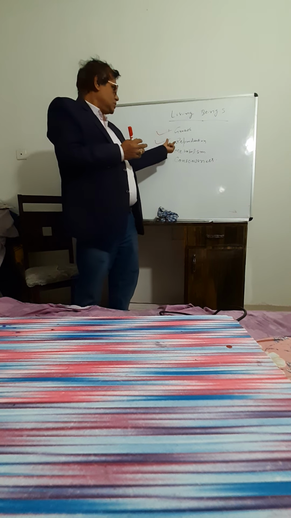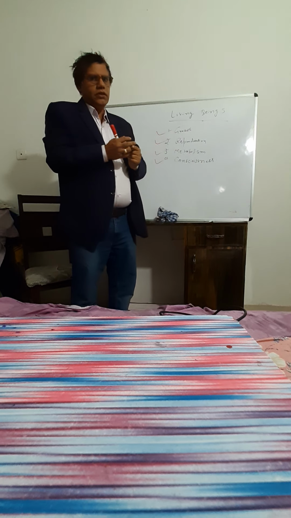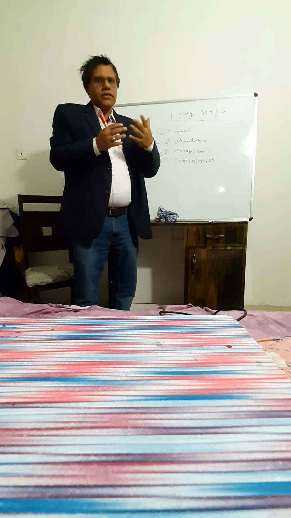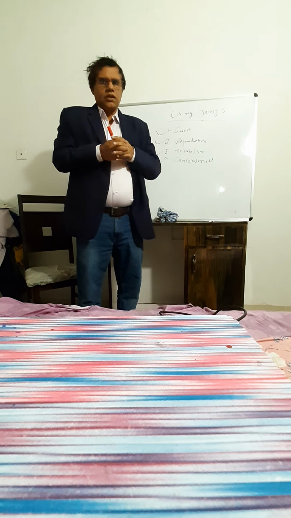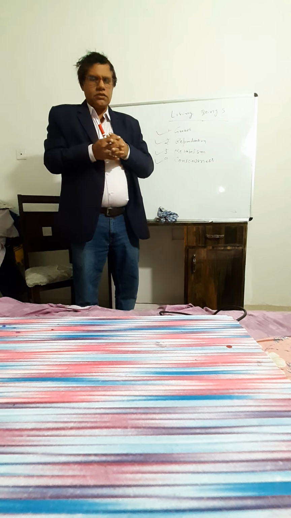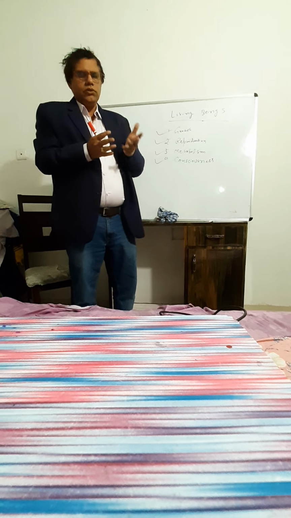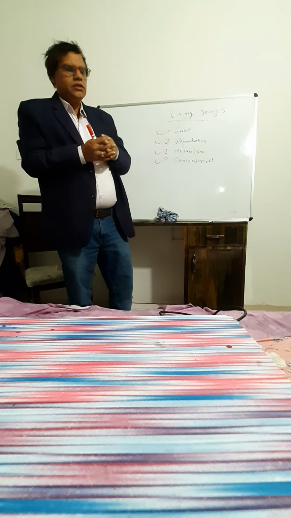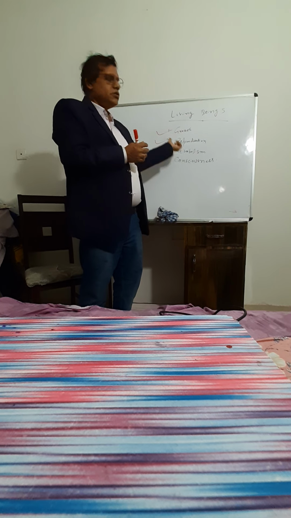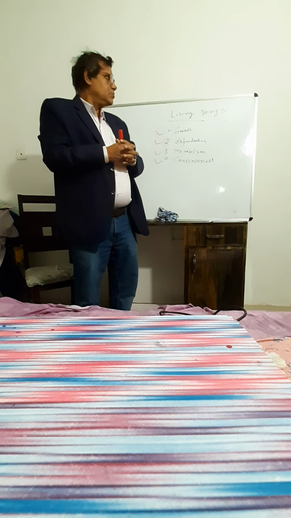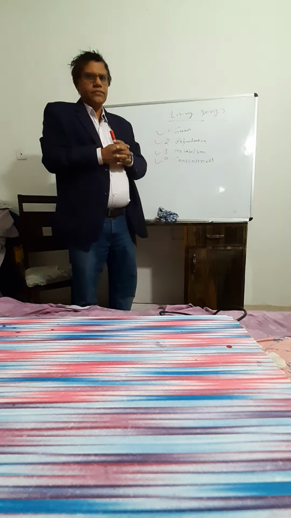And reproduction is also a characteristic of living beings, but with some exceptions, such as infertile human beings and worker honeybees, mule, hinny, these are the exceptions. So growth and reproduction are not exclusive properties of the living being.